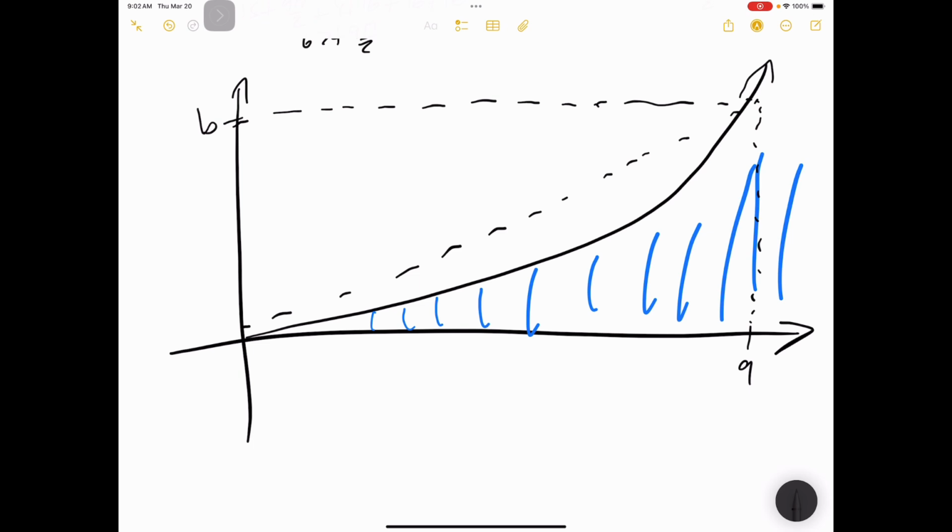And so we're going to employ calculus to find the area under this curve. And when we employ calculus, we're going to do it in a simple way. We're just going to estimate the area under this curve by taking little rectangles that estimate the area.